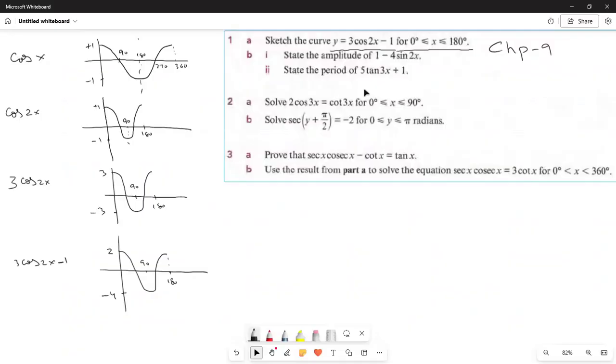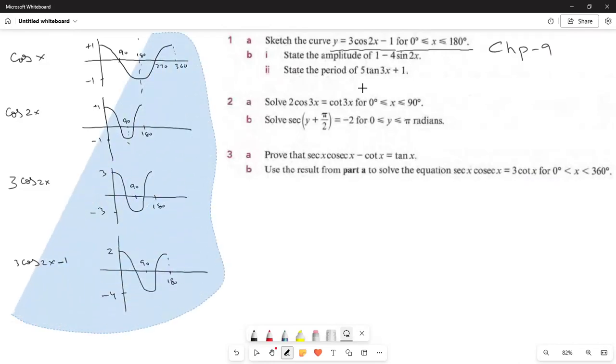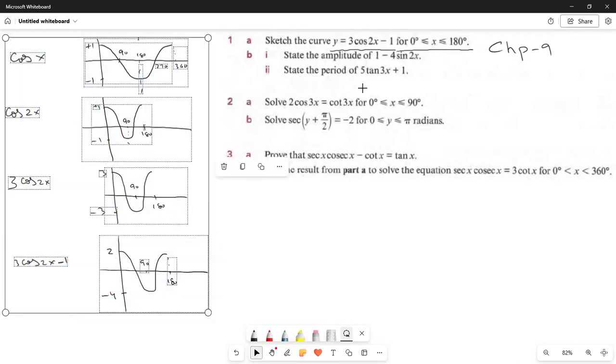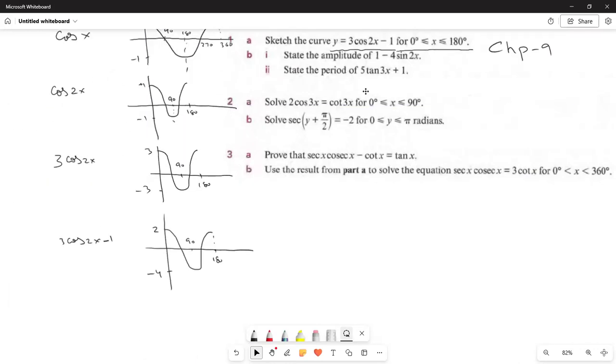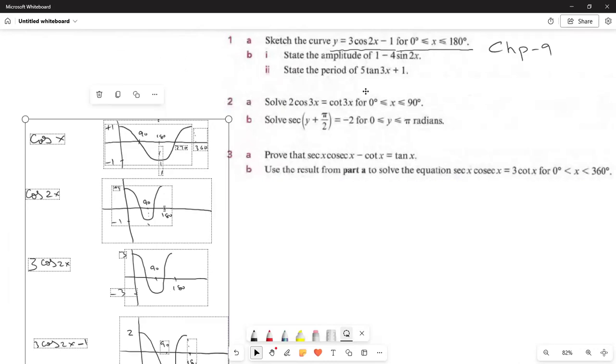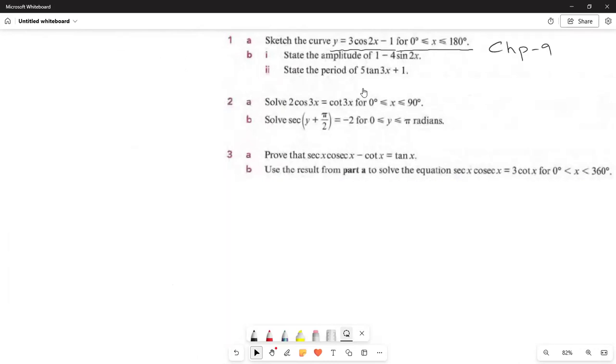Okay, so this was question number 1A. Okay, now I'm going to do 1B. So let me remove all this thing. Okay, now question number 1B.